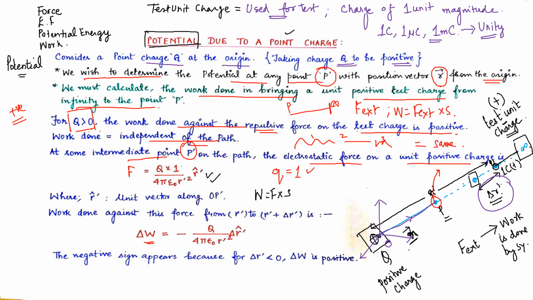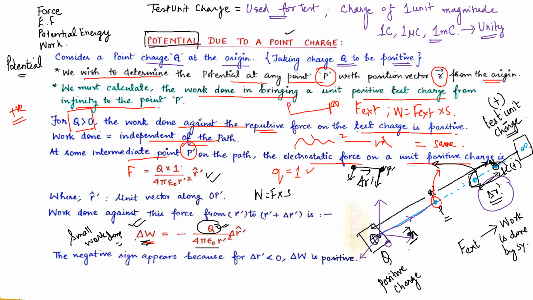Now at this particular point, I'll extend it from this point P dash to some unknown point. The distance is R dash, del R dash, the small distance. So the work done to bring the charge from this point to this point is del W, the small work done. And it is given by charge, because this charge is producing the electric field.